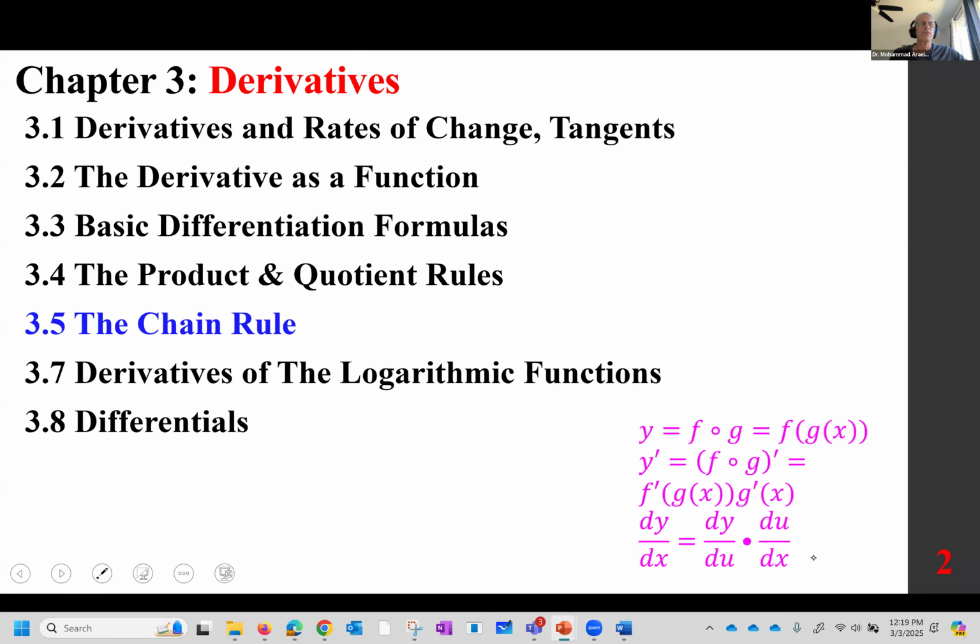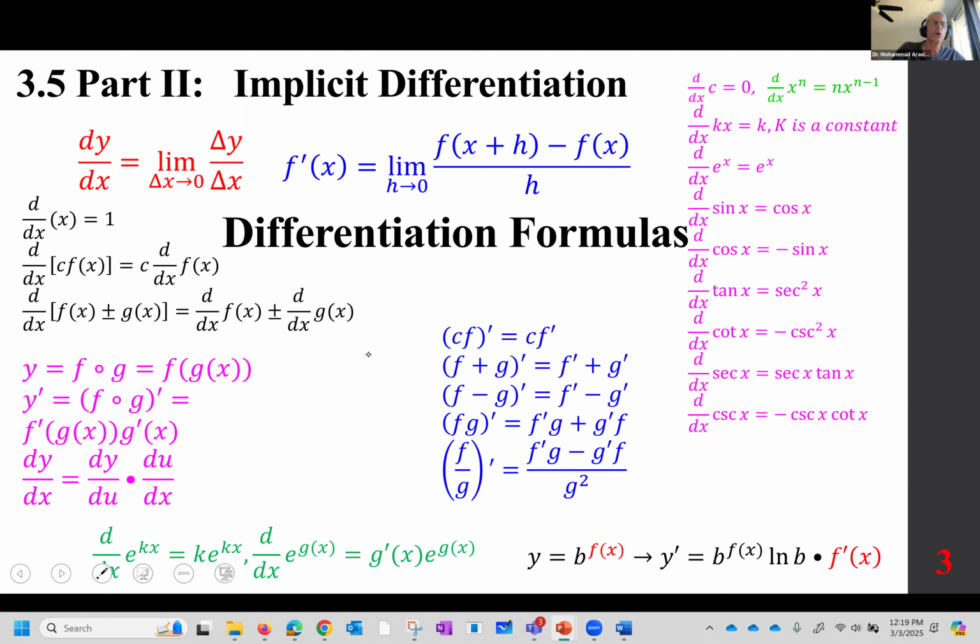So we have covered derivatives and rates, the derivative as a function, basic differentiation, the product and quotient rule, and now the chain rule, which we will continue with all of those formulas that we have seen: the definition, basic formulas, product rule, quotient rule, composite function resulting in the chain rule, exponential functions.